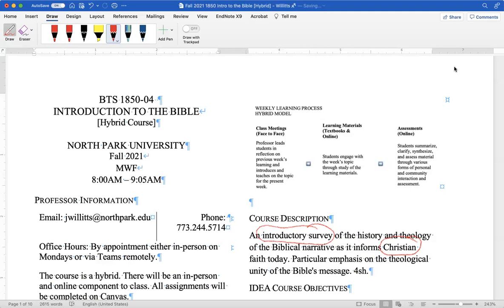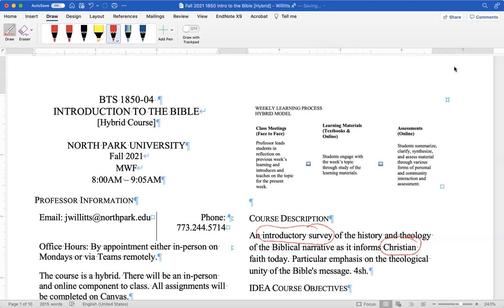But it's to say that as an introduction to the Bible at a Christian university that is unapologetic about being Christian, it means that part of understanding an introduction to the Bible is understanding how Christians view it and use it.